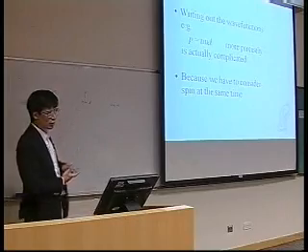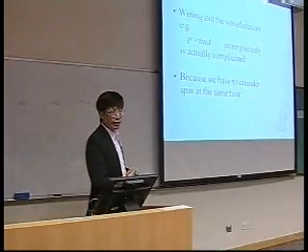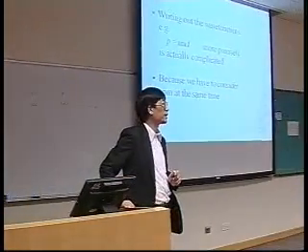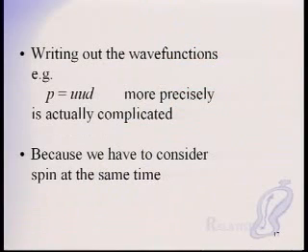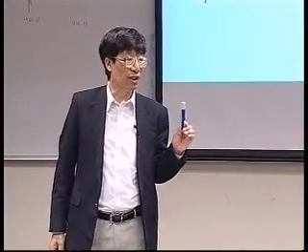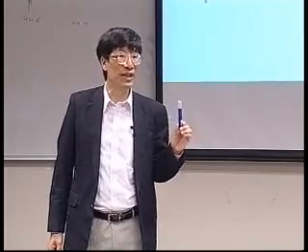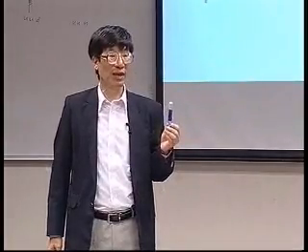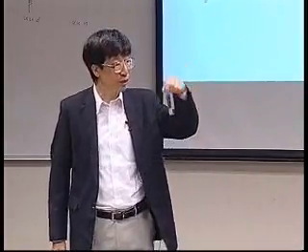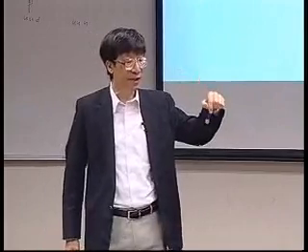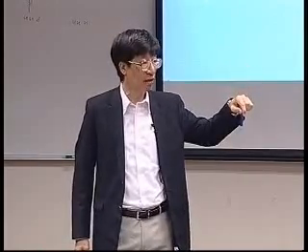And actually, to answer this question, you have to write out the wave functions more precisely. And that is actually more complicated because you have to consider the spin at the same time. Because actually, we are not talking about just three things, but 3 times 2 things. You can have U spin up, U spin down, D spin up, D spin down, S spin up, S spin down.